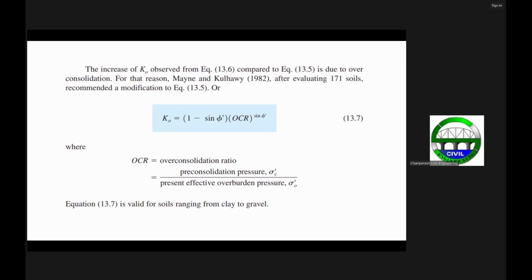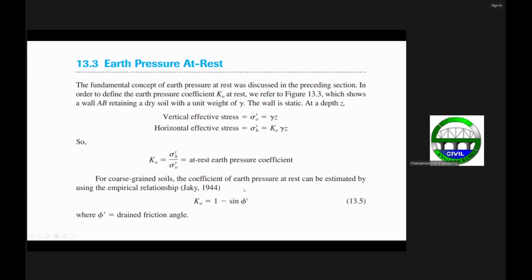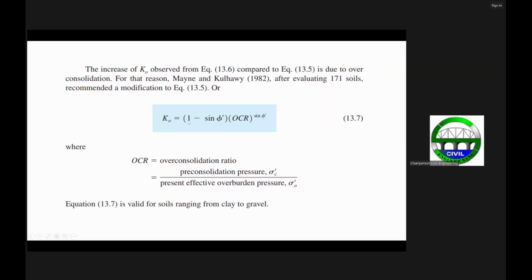So this increase of the K0 value by this amount, from the value derived from this equation, is basically due to over consolidation.